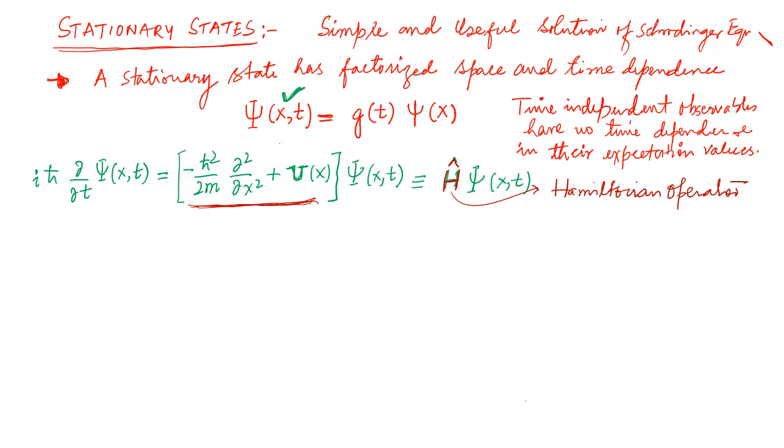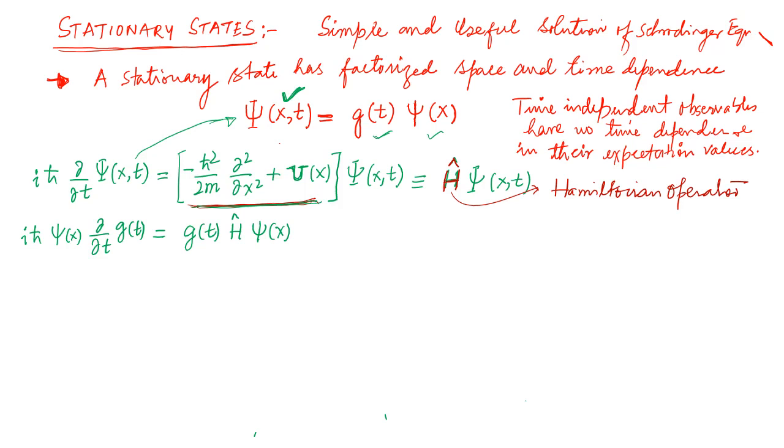So now this is my Schrodinger equation, and if I put the value of psi(x,t) from here, the time dependent part and the space part, what I will get is i h cross, with the space dependent psi put outside, del by del t of g(t), equal to g(t) times H psi(x), because all the things in the Hamiltonian operator act only on space.